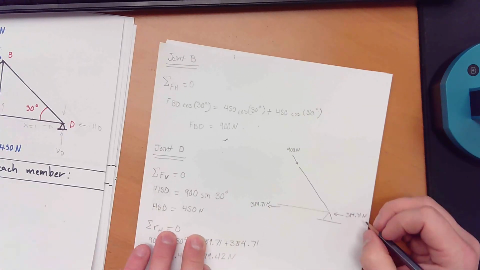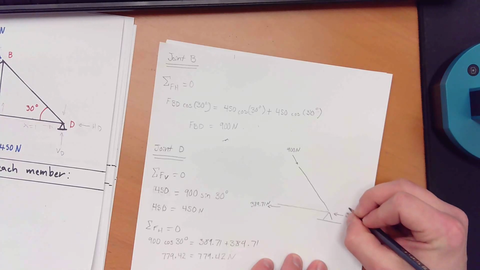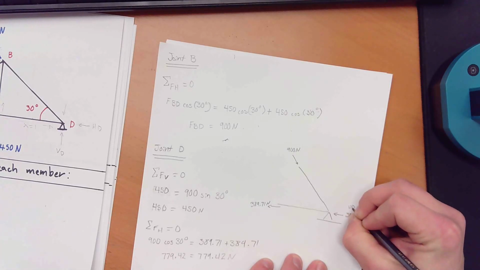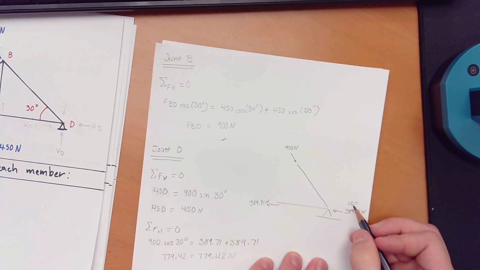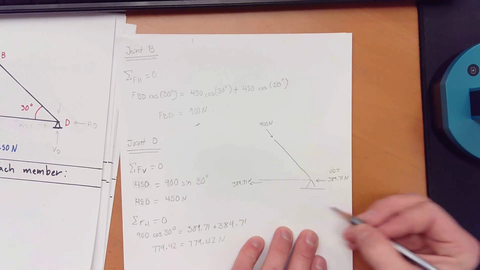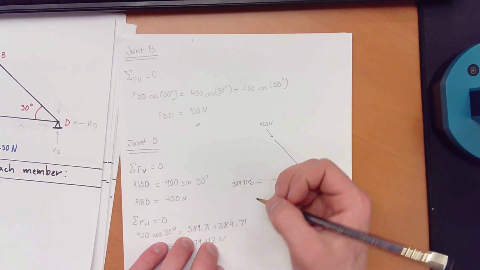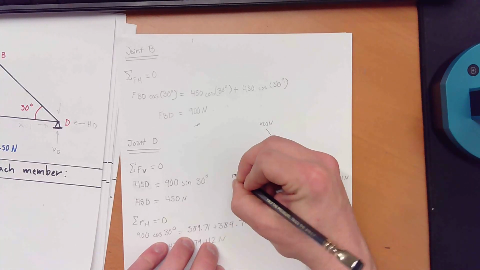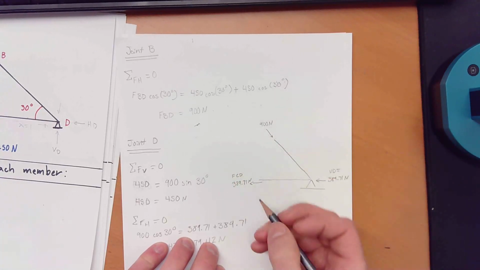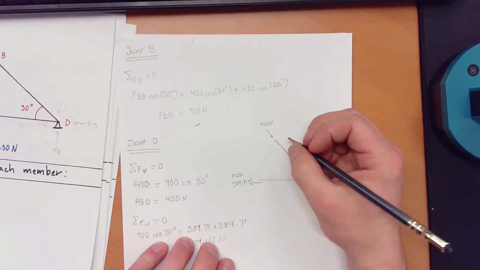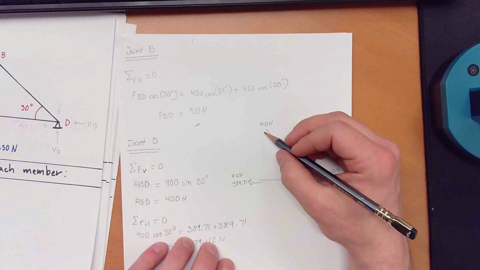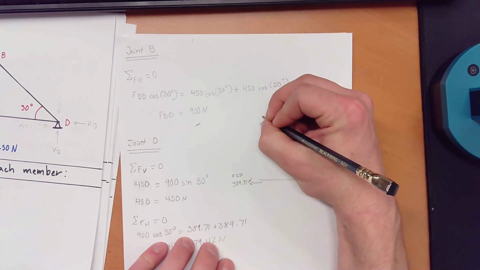Oh, and we should put what these actually are. So this is HD. The horizontal forces at point D are pushing this way. We have the forces acting in CD pushing that way. We have the forces acting in BD.